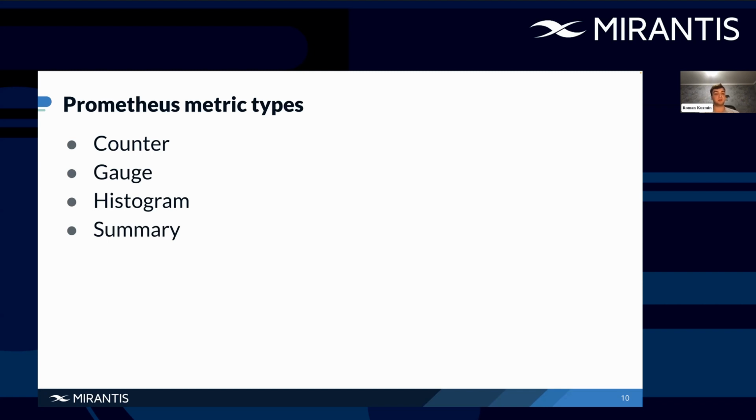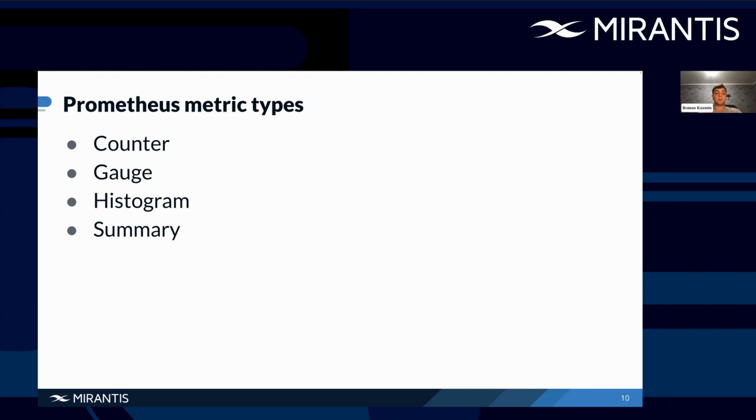A counter is a cumulative metric that represents a single monotonically increasing counter whose value can only increase or be reset to 0 and restored. As an example, you can use a counter to represent the number of requests served, tasks completed, or errors.